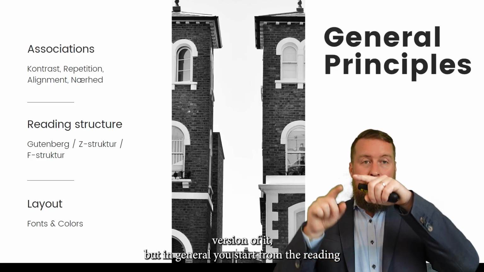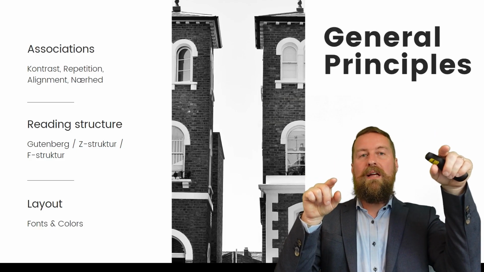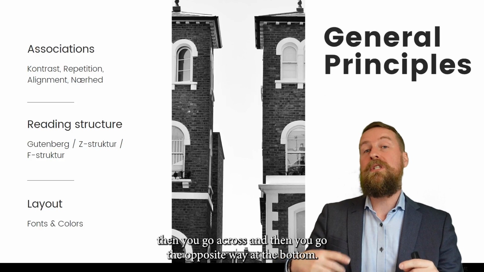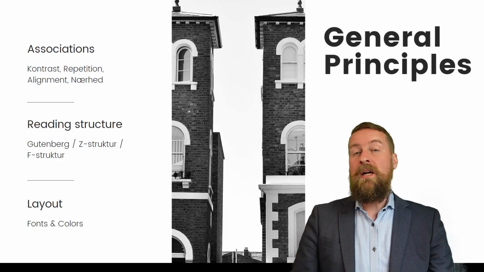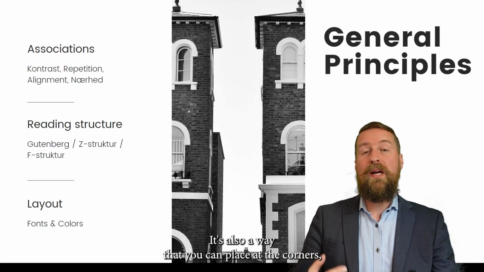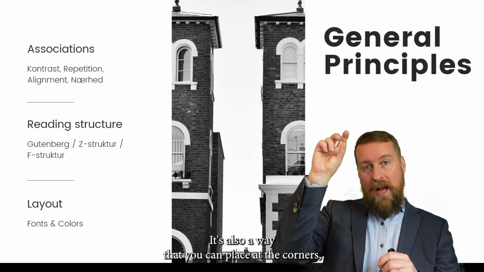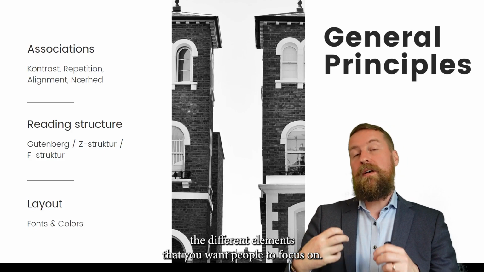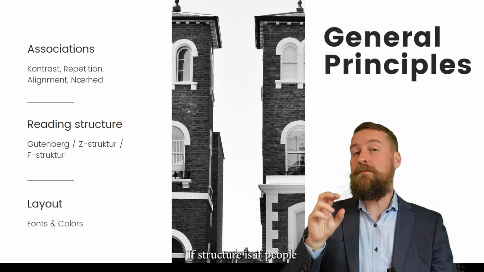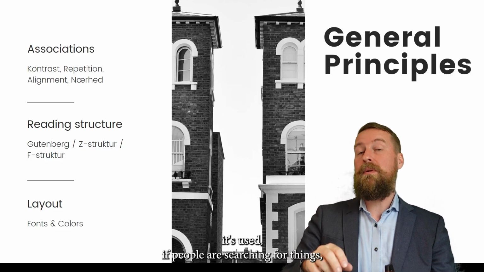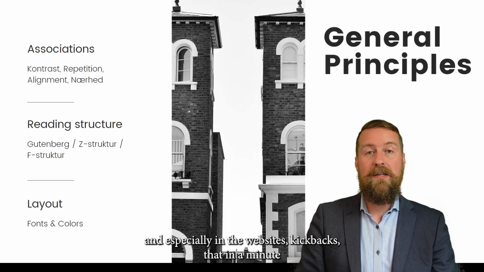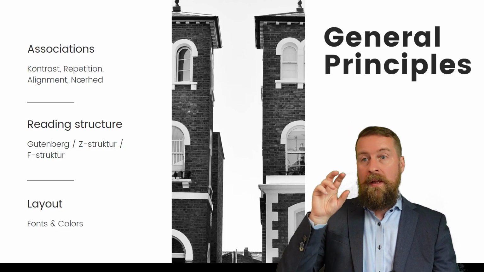But in general, you start from the reading direction, and then you go across, and then you go the opposite way at the bottom. It's a way of skimming information rather quickly. It's also a way that you can place at the corners the different elements that you want people to focus on. The F structure is used if people are searching for things, and especially on websites. I'll get back to that in a minute.